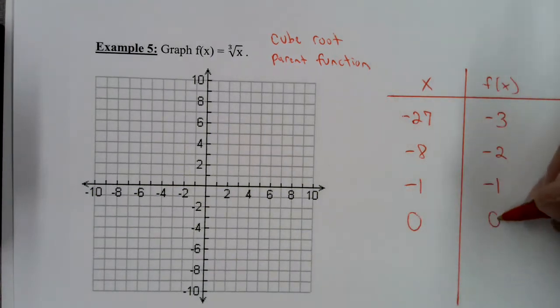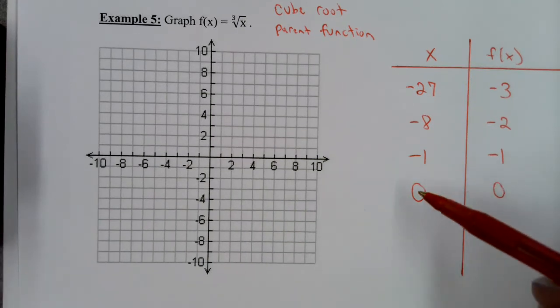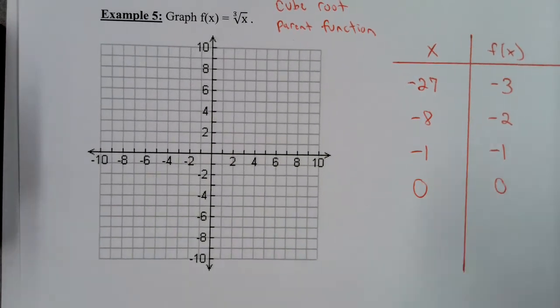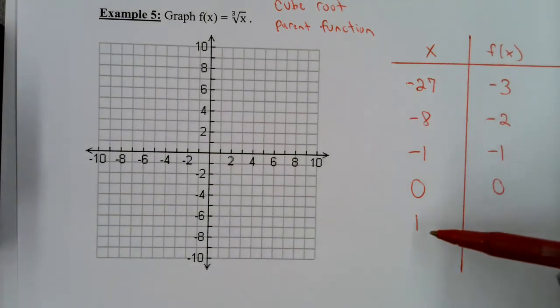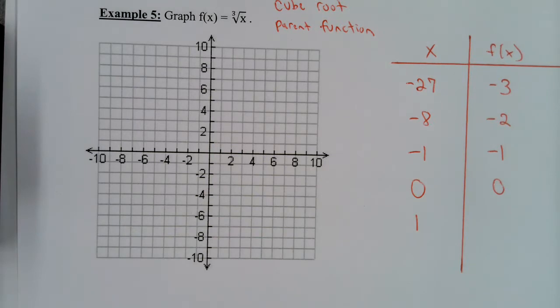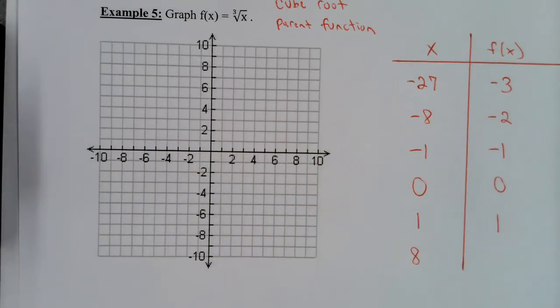The cube root of 0 is 0, because 0 times 0 times 0 equals 0. How about the cube root of 1? What number times itself 3 times equals 1? The answer is 1. How about the cube root of 8?